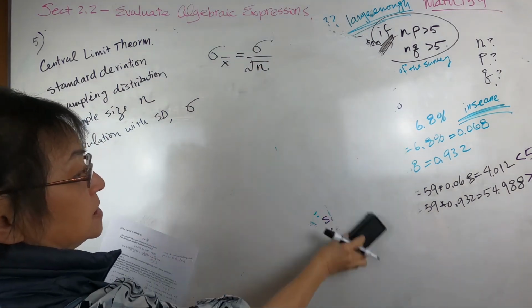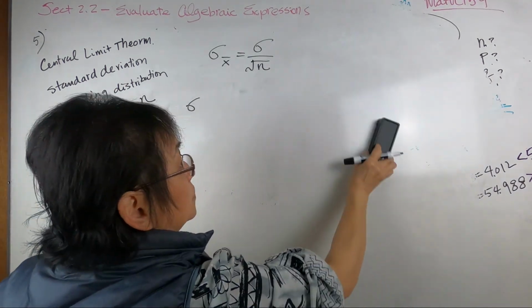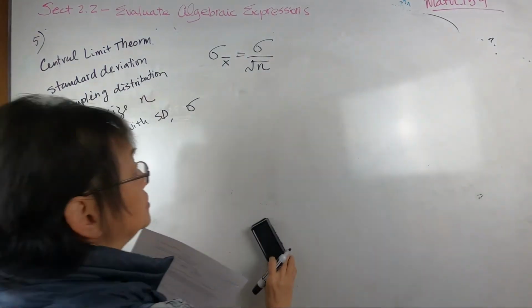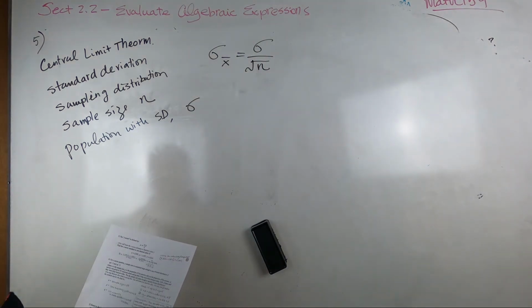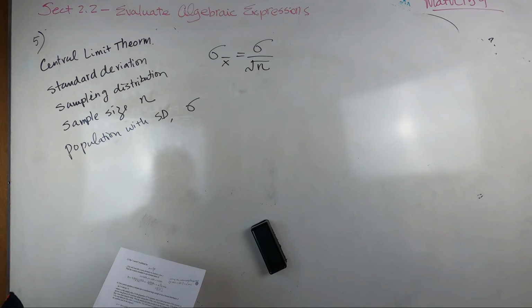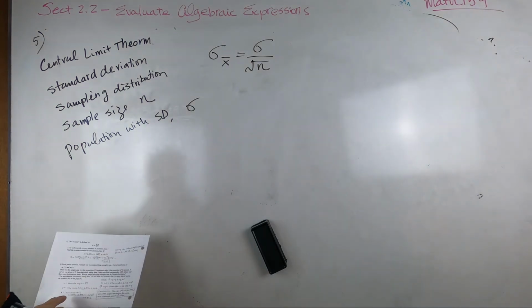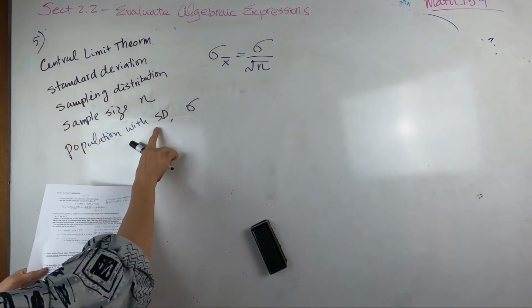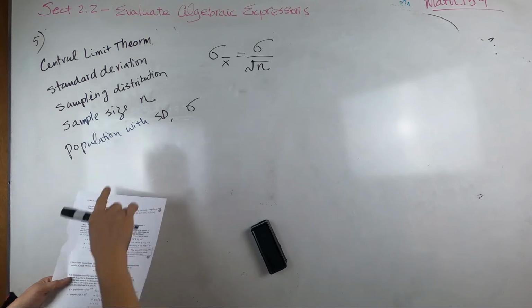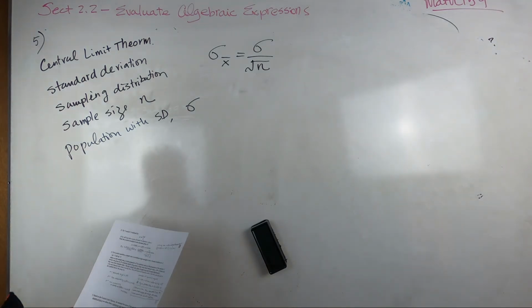So when you see a formula given to you, you need to understand what each symbol stands for. It says the population standard deviation for the number of customers who walk into a fast food restaurant is 12.